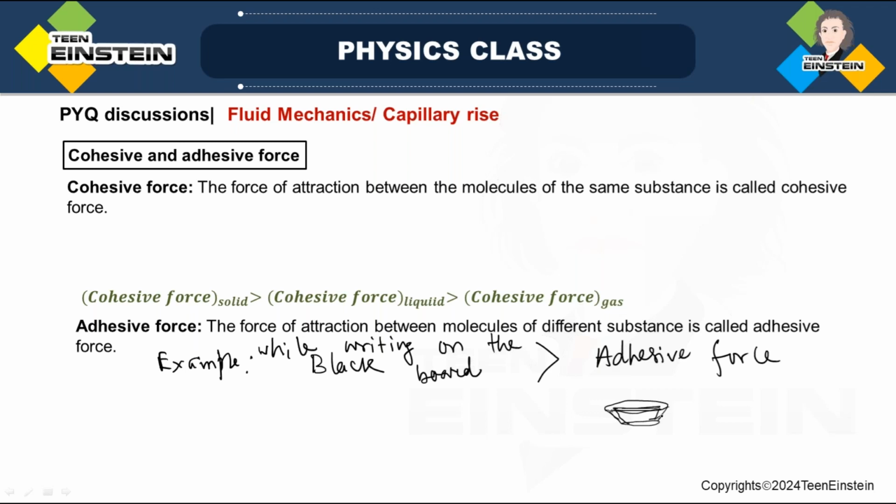This is because there is some liquid or water in between the plates, and the water molecules and the plate have different molecules, so there will be a strong adhesive force between them. Okay, so because of that, sometimes it is difficult to separate the plates from each other. These are the real life examples we have seen for adhesive forces and cohesive forces.